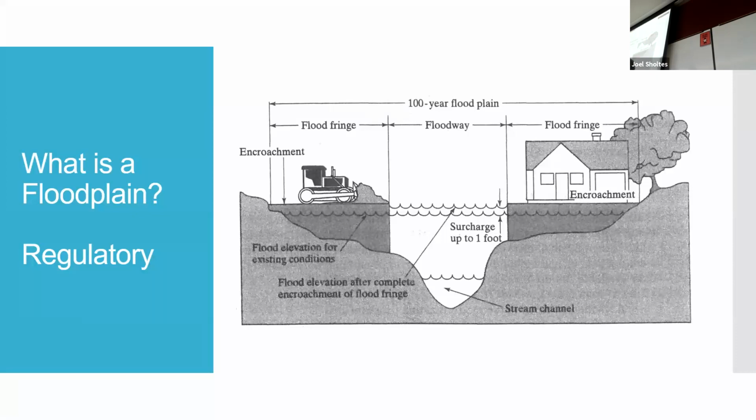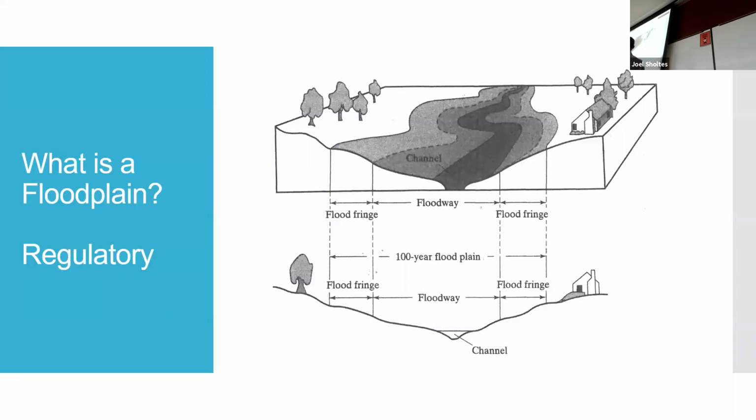That's a floodway, yeah. And the idea of the floodway again is it's like the core flow of water, and it has special regulations. So maybe you can build in the flood fringe, but not the floodway. I don't know exactly the specifics there.